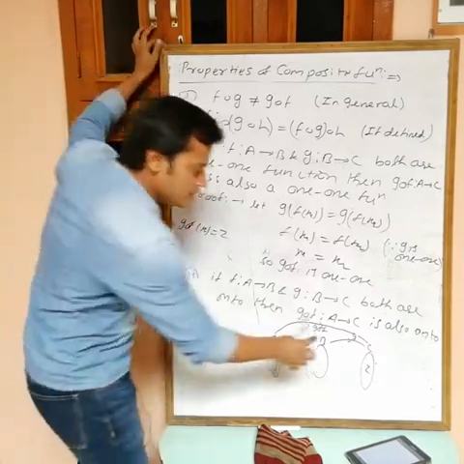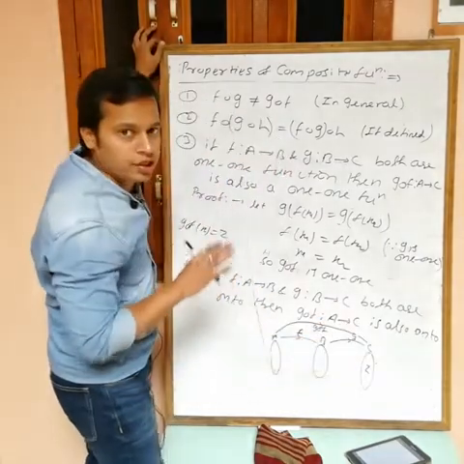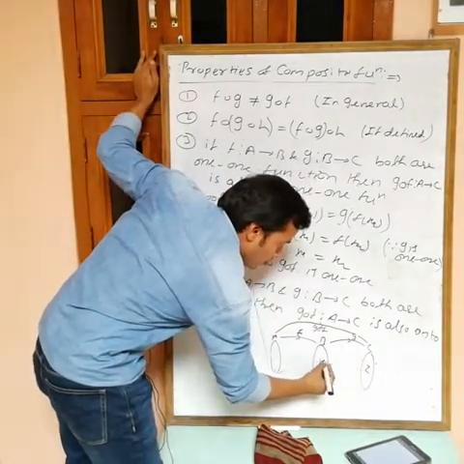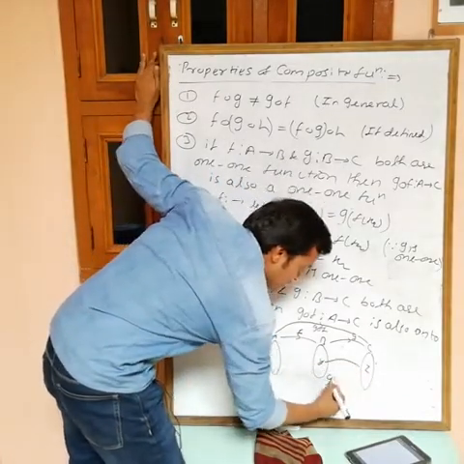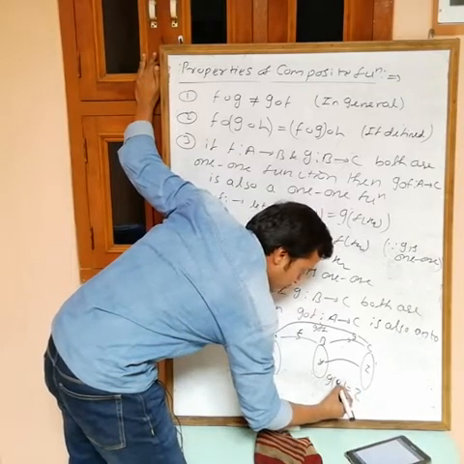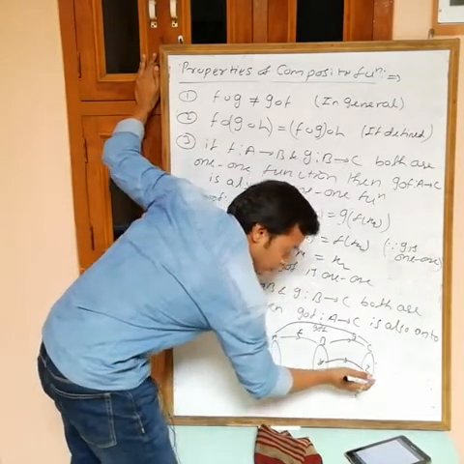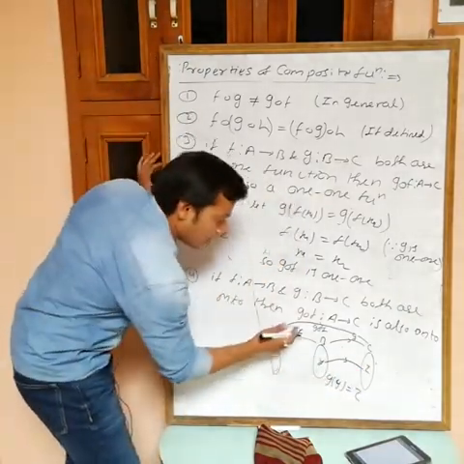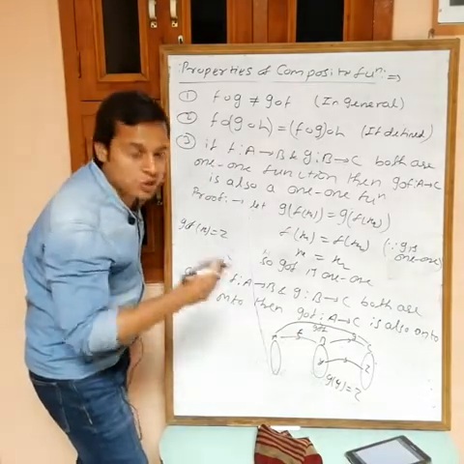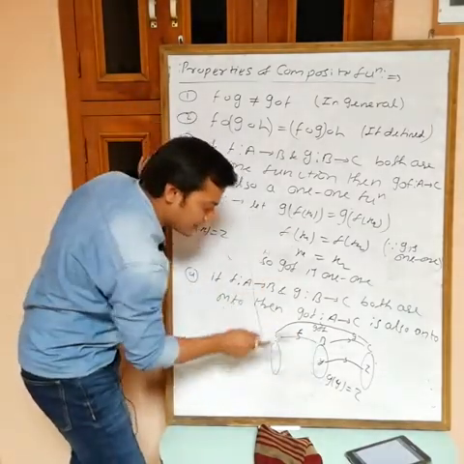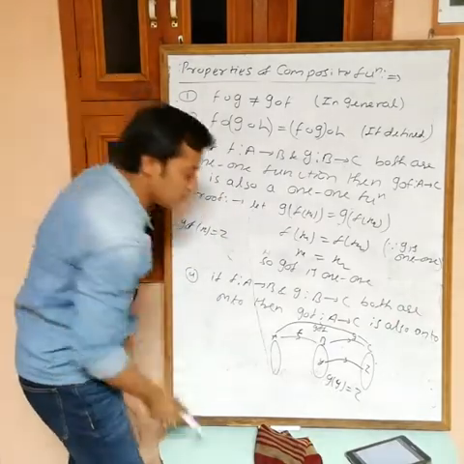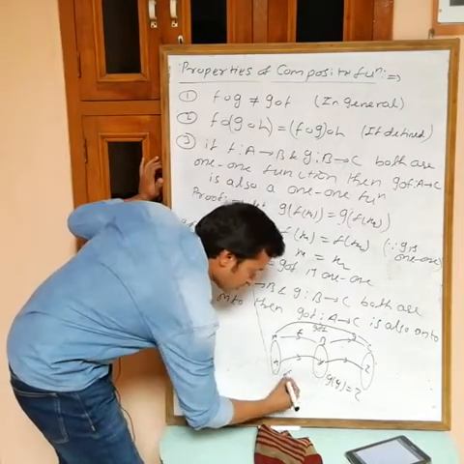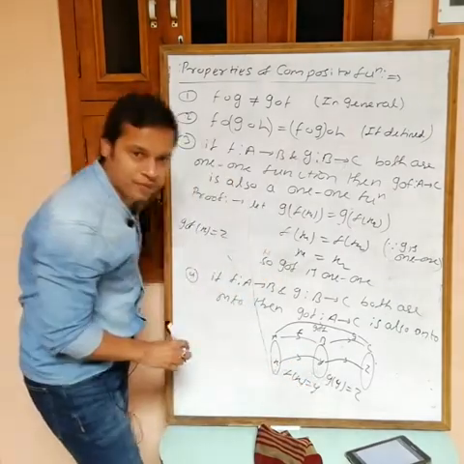If z is in C and g is an onto function, then I can say that necessarily we have at least one y in B such that g(y) equals z. Obviously, because g is onto, so z must have one pre-image in B. Now see, for this, again f is onto. If f is onto, then y must have at least one pre-image in A. So for this y we have at least one x in A such that f(x) equals y.